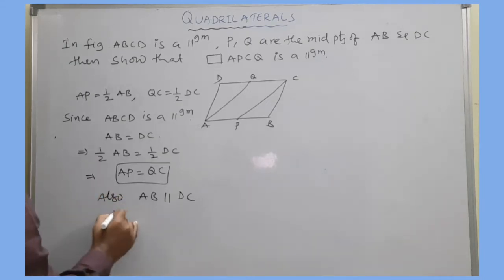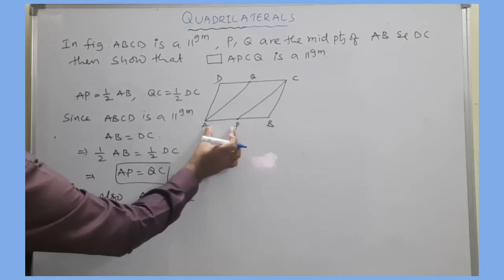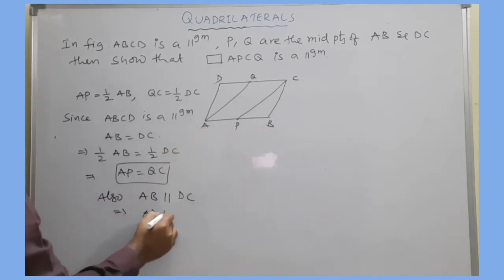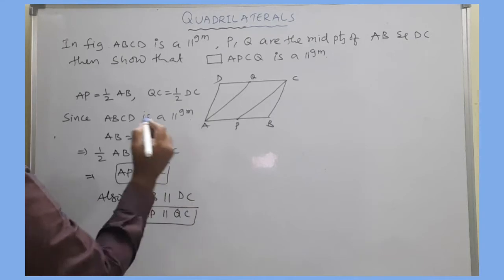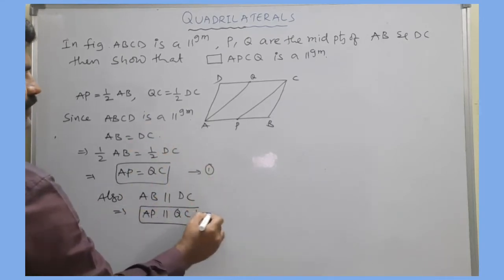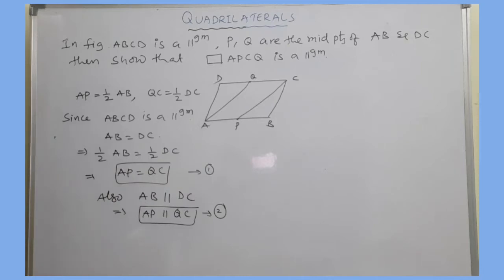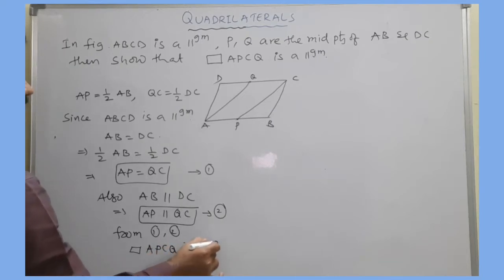So AP, a part of AB, is parallel to QC, the part of DC. Let it be condition number 1 and condition number 2. So from 1 and 2, opposite sides are parallel as well as equal, so I can say that quadrilateral APCQ is a parallelogram.